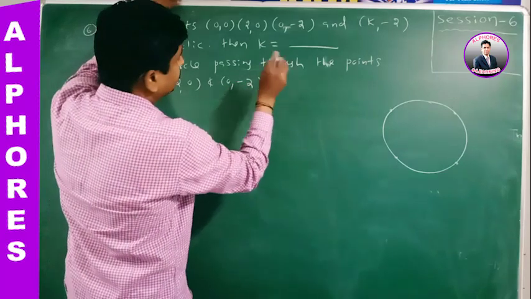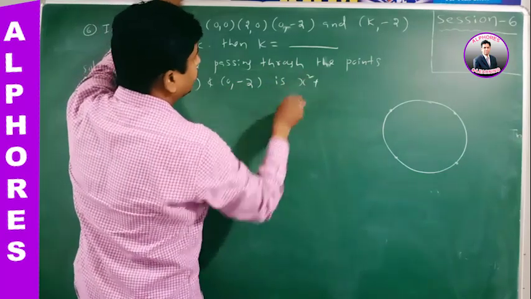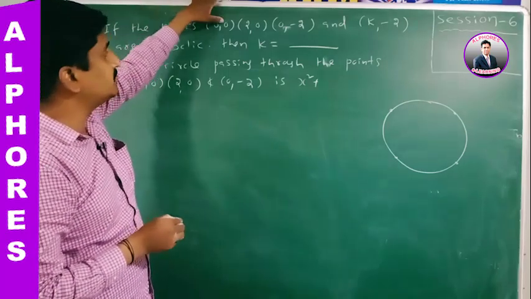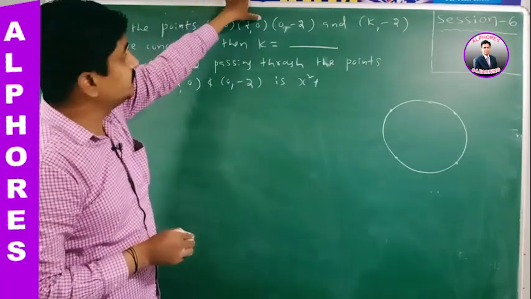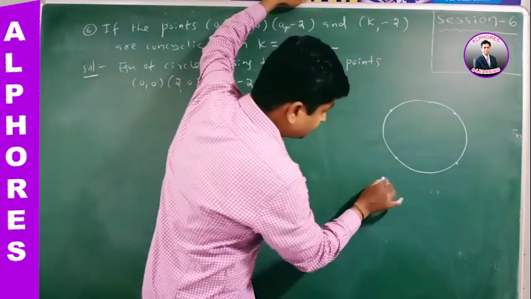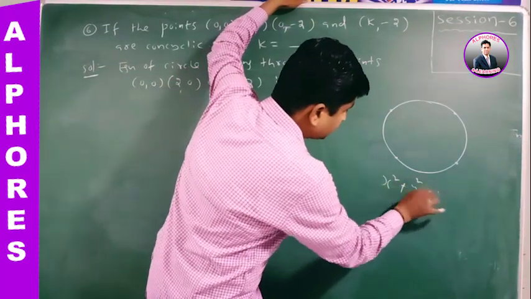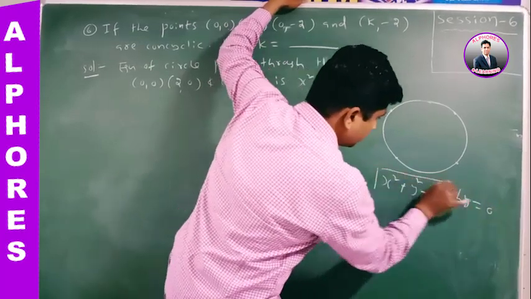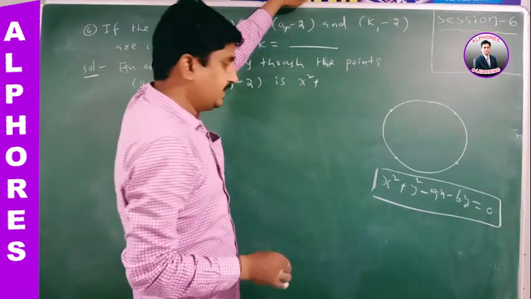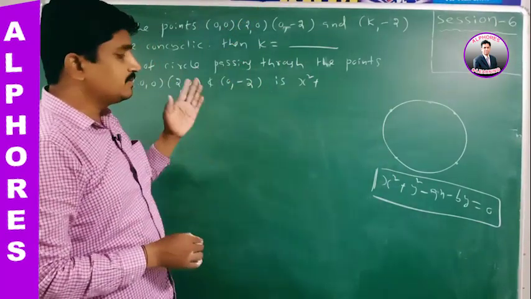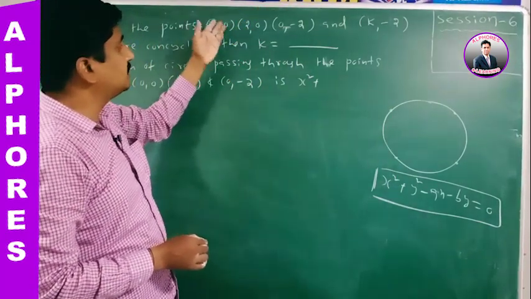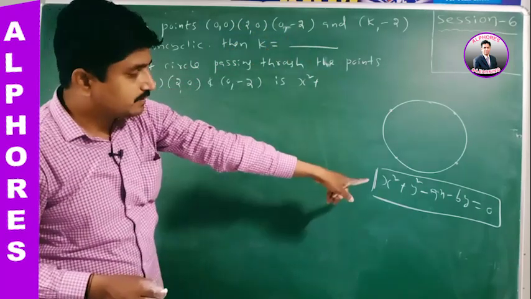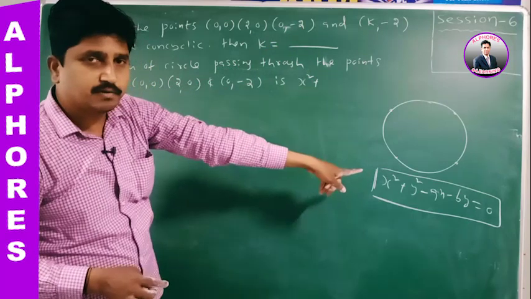According to one formula, the equation of circle passing through 0, 0, small a, 0, 0, small b is x square plus y square minus ax minus by equal to 0.